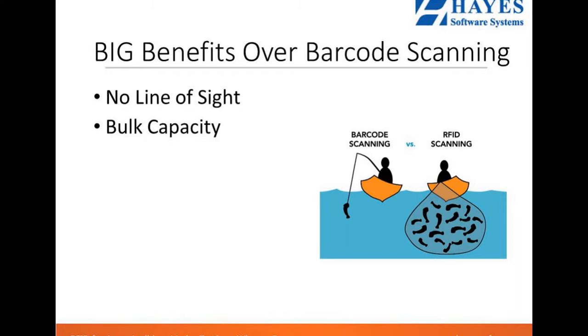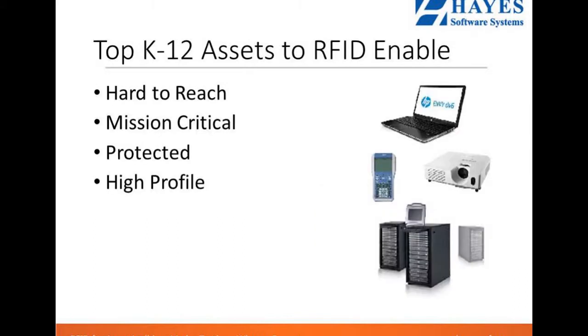Think about performing an inventory of computing devices while the students are actively engaged with them in the classroom. Whatever the application, RFID has the potential to increase efficiency of operations, improve asset visibility and traceability, decrease reliance on manual processes, reduce operation costs, and provide useful data for business analytics.